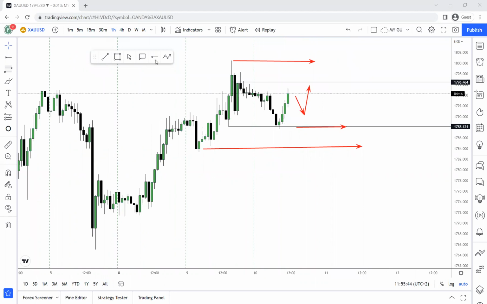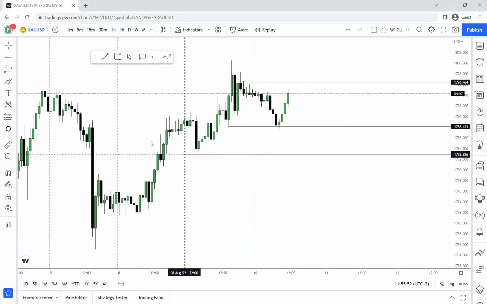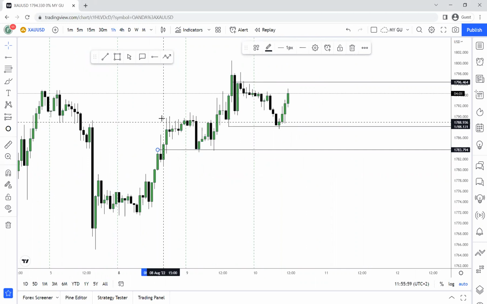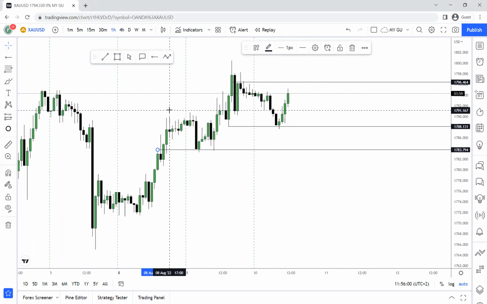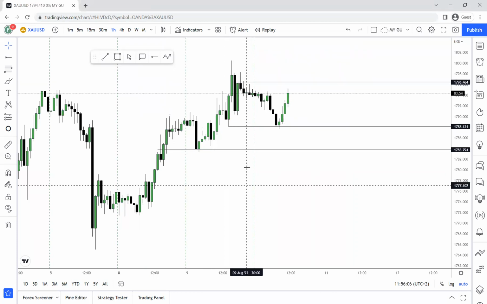So some people can even highlight their targets. Now, this is also a support and resistance. That's your target. So we normally use support and resistance for our targets. We don't just say, okay, we're just going to put our target over there, or use pips. Some people use pips. That's also okay.